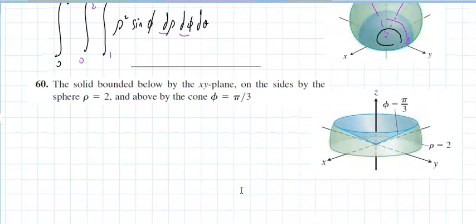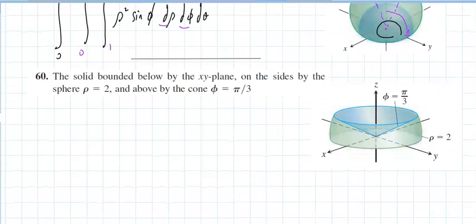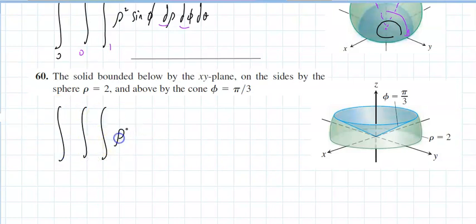How about this problem? The solid bounded by the xy plane, again rho squared sine of phi, d rho, d phi, d theta. Well, obviously this runs all around, right? And let's see.